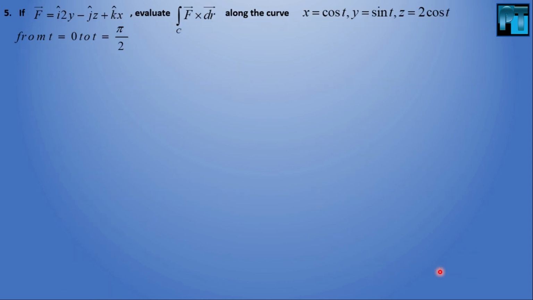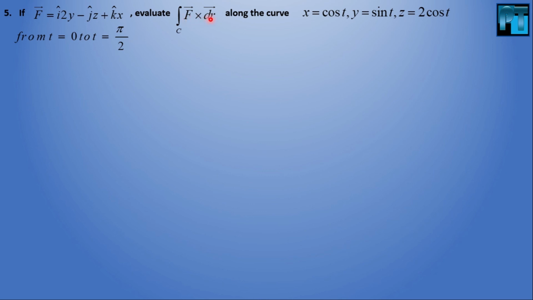Now let's proceed to our next question. See, F is given and now it is an open line integral, F cross dr. It is a quite interesting problem because parametric forms are given, but this thing is not so well known to you.